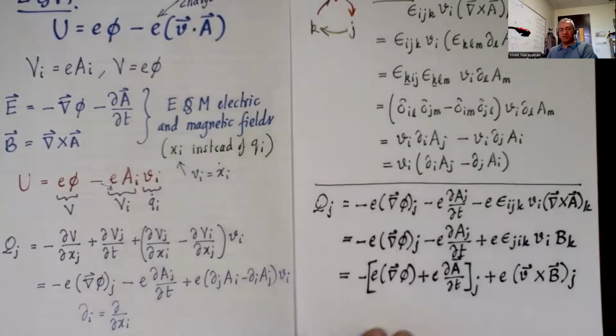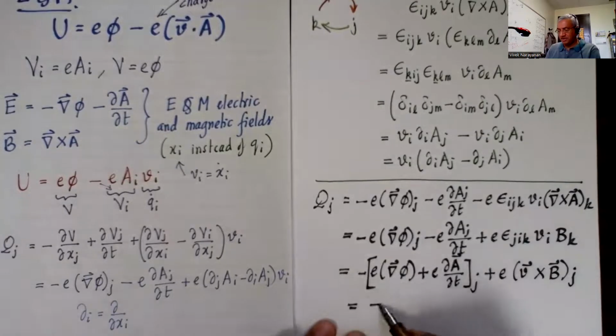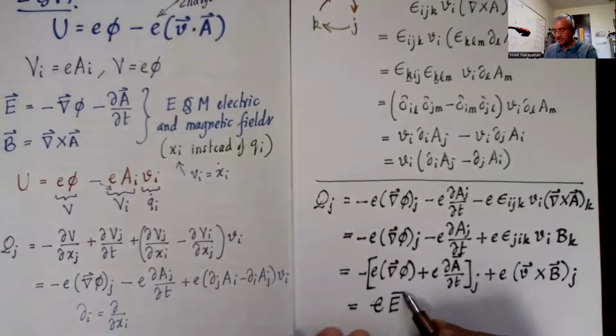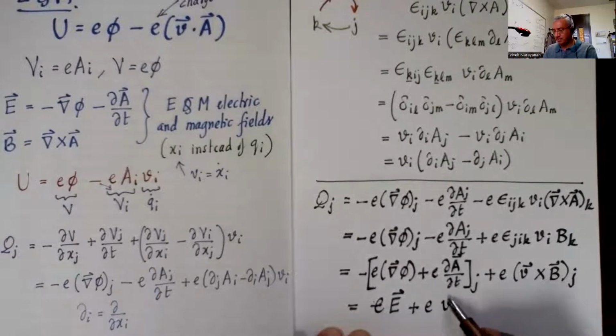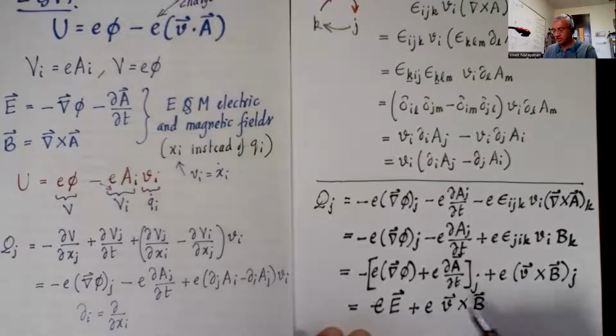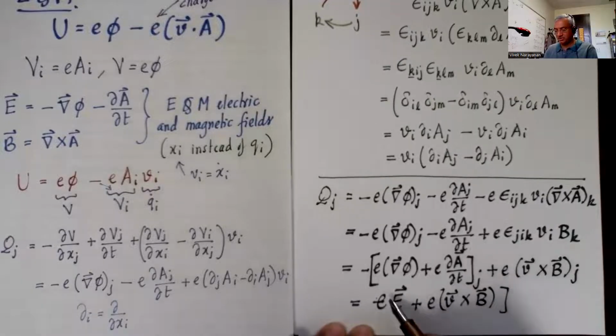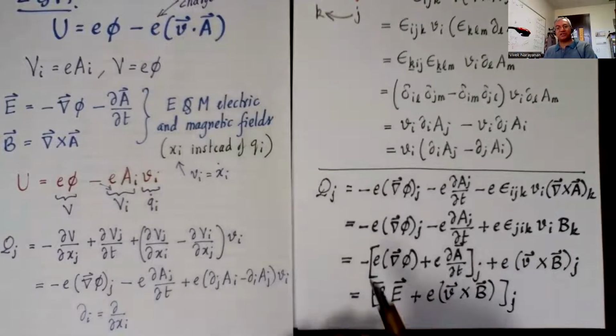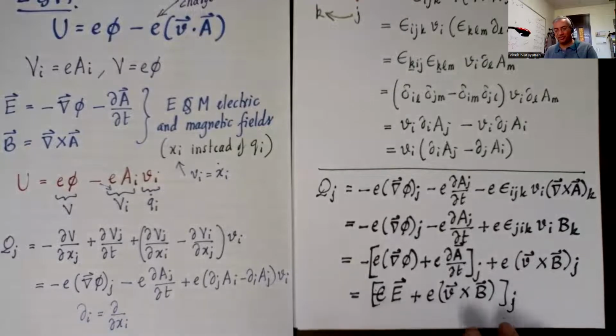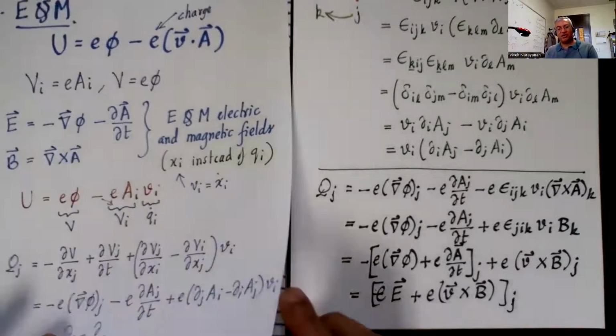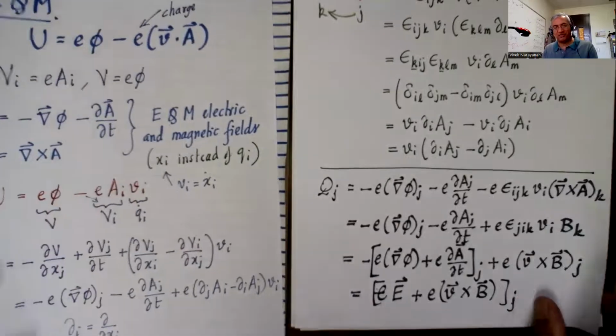jth component thereof. So I'm getting negative, well, the electric field has got a negative sign. So I'm getting E times the electric field plus E times V cross B, the jth component thereof. So the jth component of the generalized force is precisely what you know and love to be the Lorentz force.